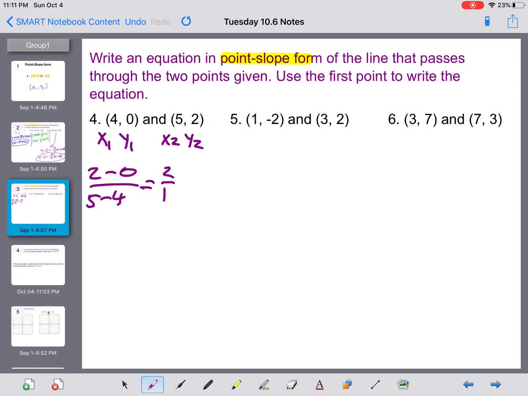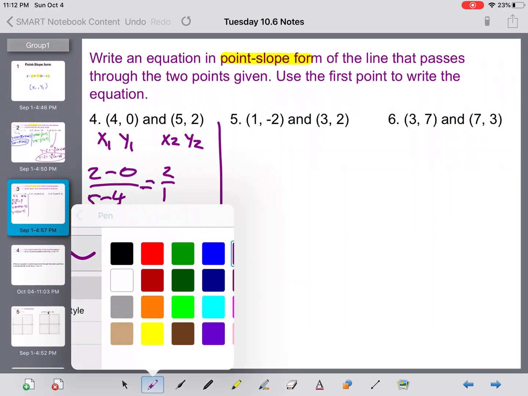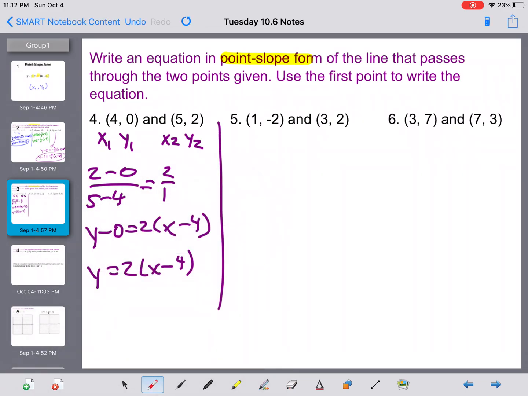So you can just use 2. We're going to use the first point, so we're going to say y minus 0 is equal to 2 times x minus 4. I would take that as your answer. I would also take y equals 2 times x minus 4. Either one of those would work for this one, just because there's that 0, sometimes you want to cancel that out.